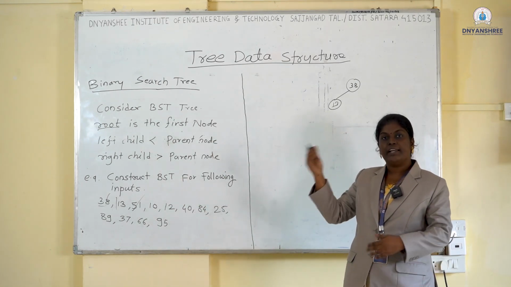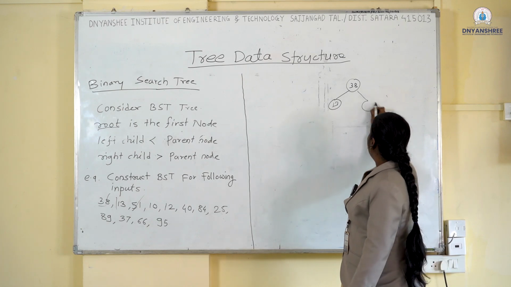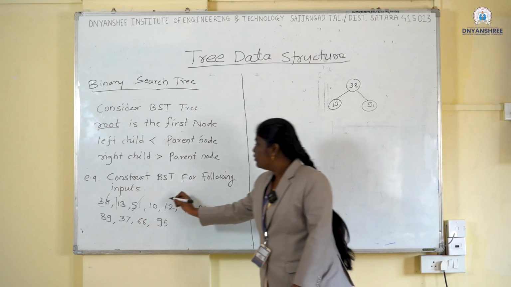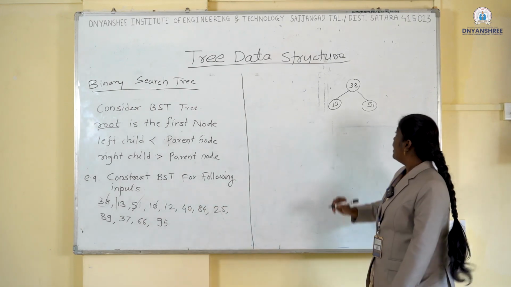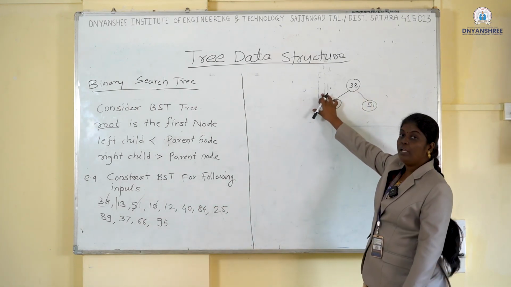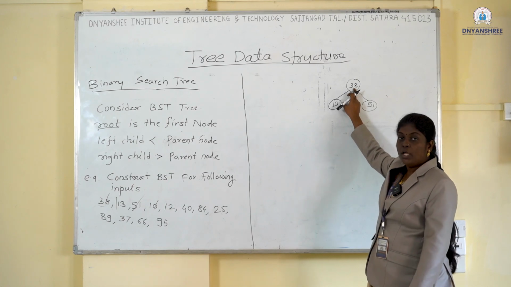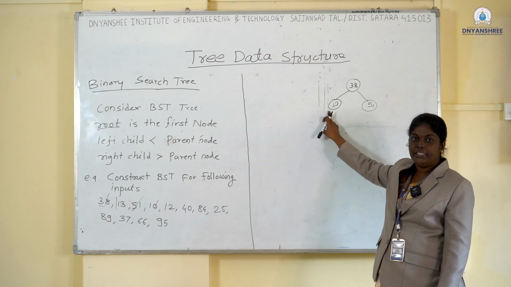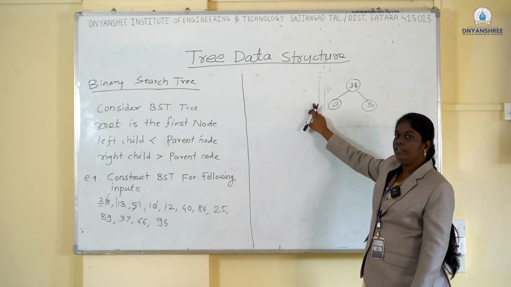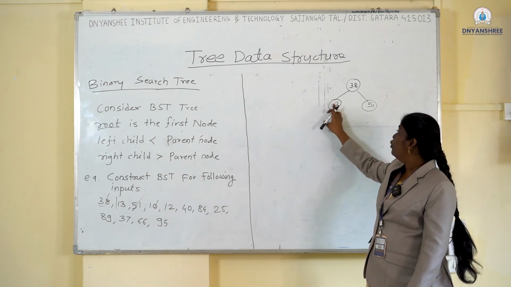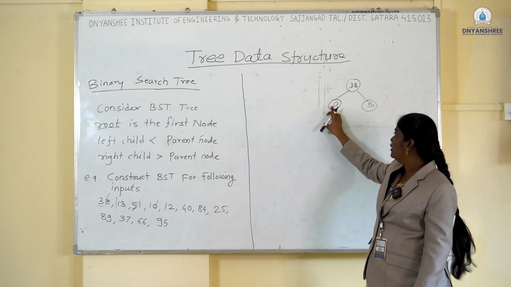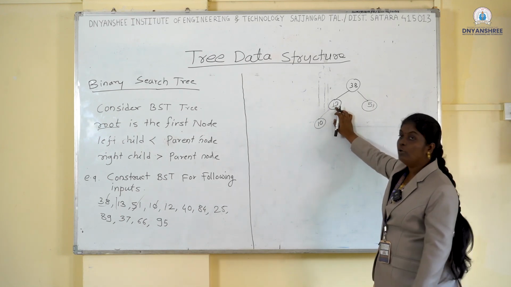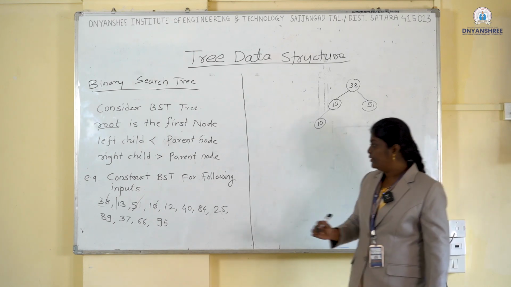As 51 is greater than the root node, it will go into the right side of the parent node 38. Next we have 10. We'll compare this value 10 with 38. 10 is less than 38, so it will go into the left side of the tree. Here again we'll compare 10 with 13. 10 is less than 13, so it will become the left child of parent node 13. I hope you are getting these things.